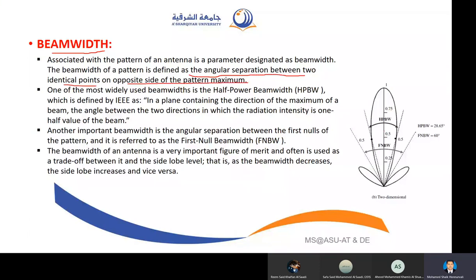For example, if I take this point and this point, this is the radiation pattern axis, the maximum axis, going up to 1 in magnitude. If I take any 2 points, how much is the angular separation? The angular distance between the 2 identical points, that angle we call the half power beam width. This is the definition.